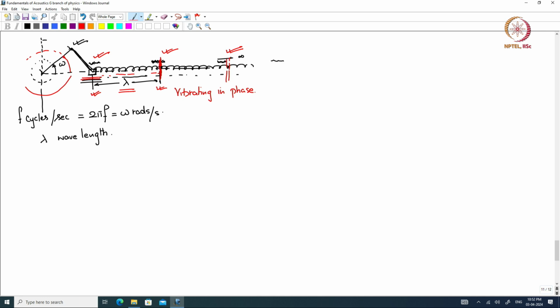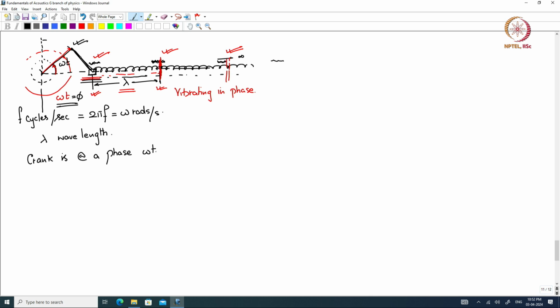Okay. So, now if I assign a phase to this crank, because it rotates at omega, the phase angle is going to be omega times t. So, this angle is actually omega times t, okay, that is the phase angle phi. So, if we assign a phase to this rotation, that means we say the crank is at a phase omega t.